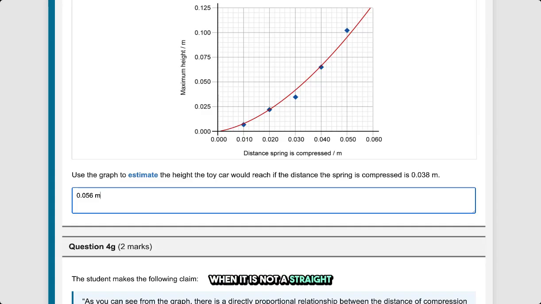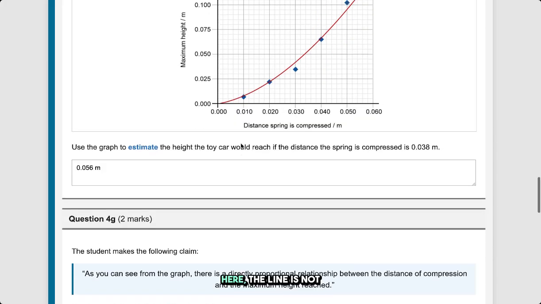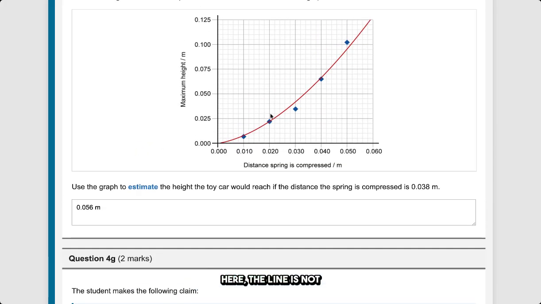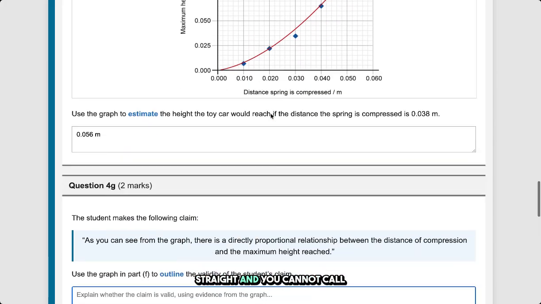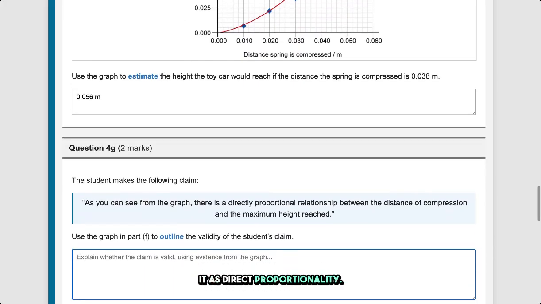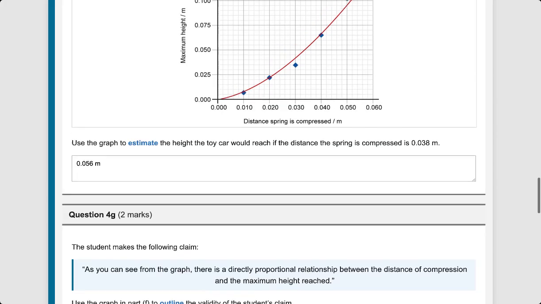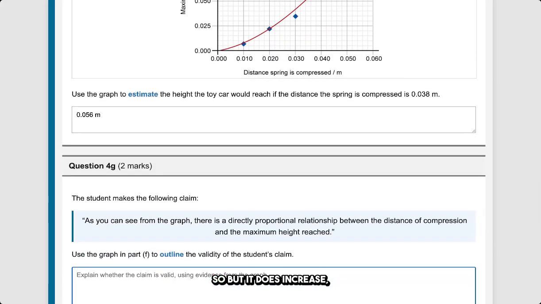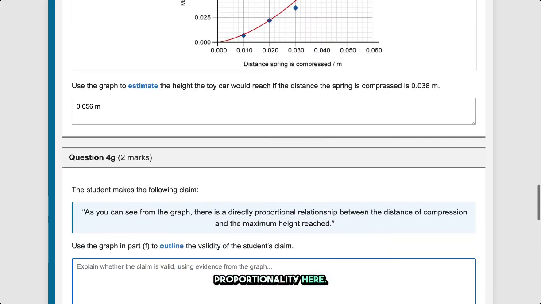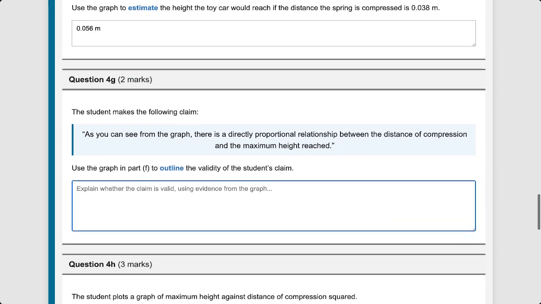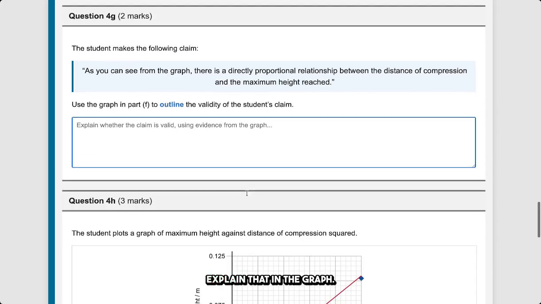When it is not a straight line, it is not a direct proportionality. Here the line is not straight, and you cannot call it direct proportionality. Okay, so it does increase, but not in direct proportionality here. So that's why you can explain that in the graph.